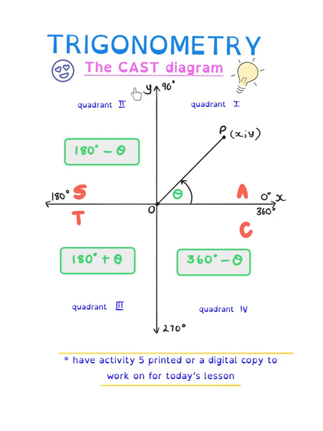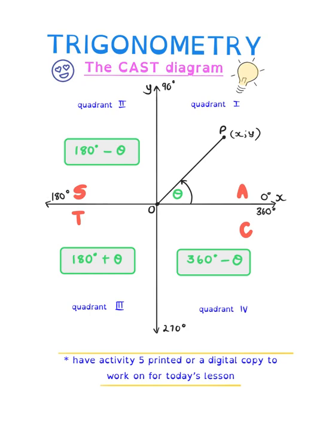From 90 degrees to 180 degrees, this is called Quadrant 2. From 180 to 270 degrees, this is Quadrant 3, and angles from 270 to 360 degrees, this would be called Quadrant 4. So you notice how we move in an anti-clockwise position for positive angles on the Cartesian plane.